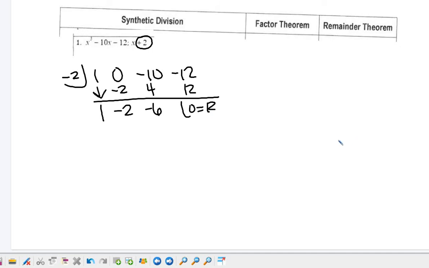Factor theorem wants to know if this is a factor based on the remainder. So yes, it is a factor because my remainder is 0. Remainder theorem wants to know the value of the function. So f of negative 2 is equal to 0.